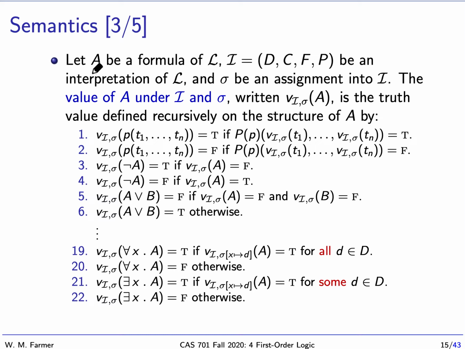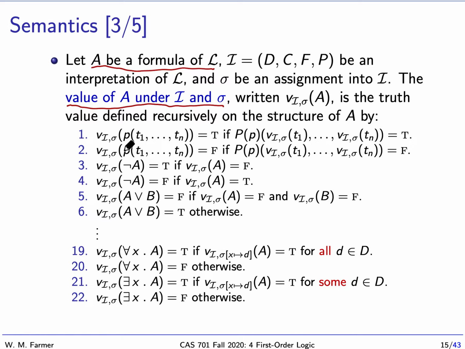So if A is a formula of L, then the value of A under an I and sigma, under the interpretation and the assignment, is given by the following equations.